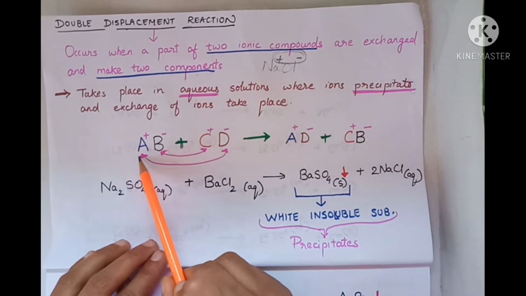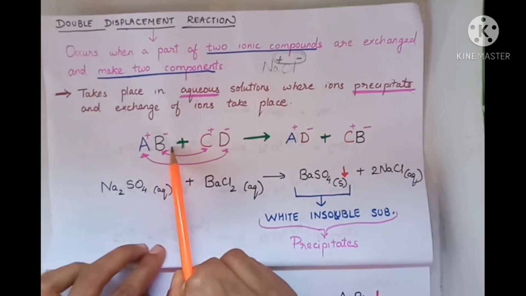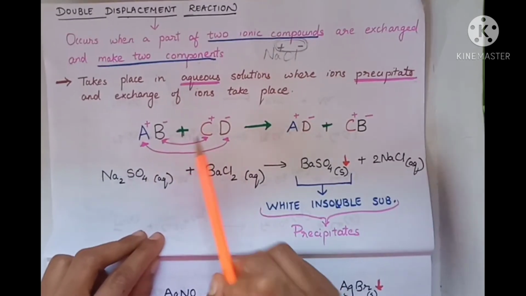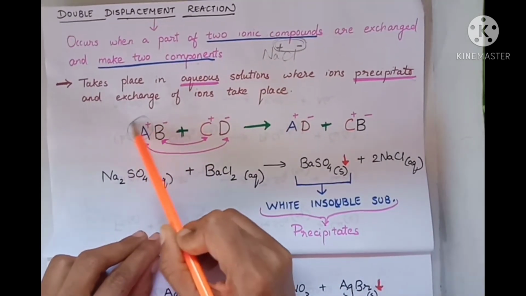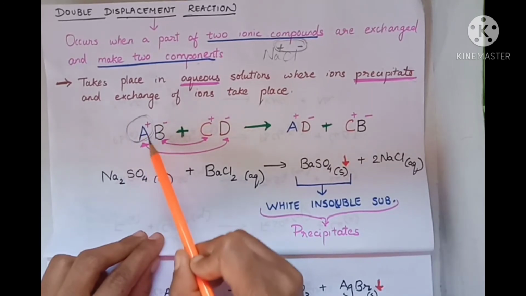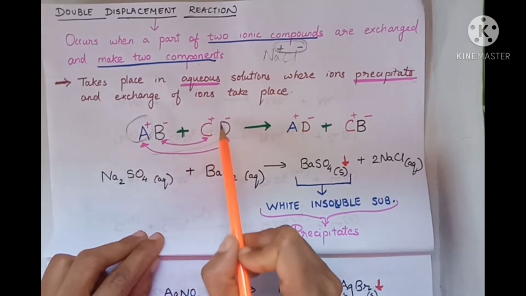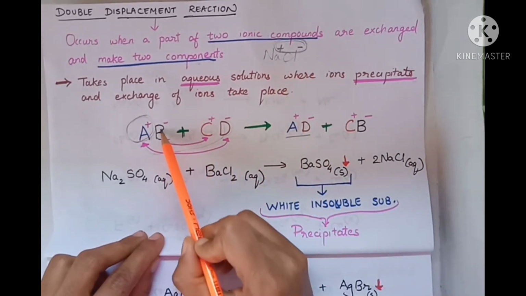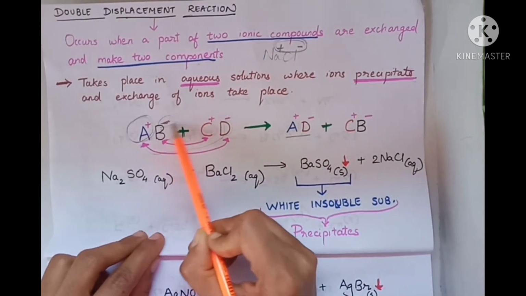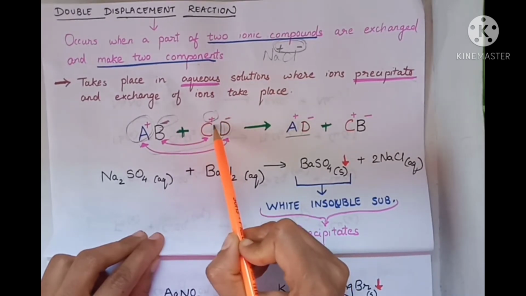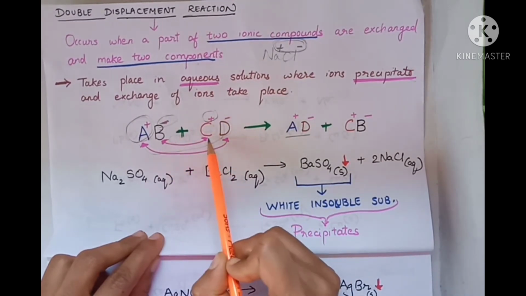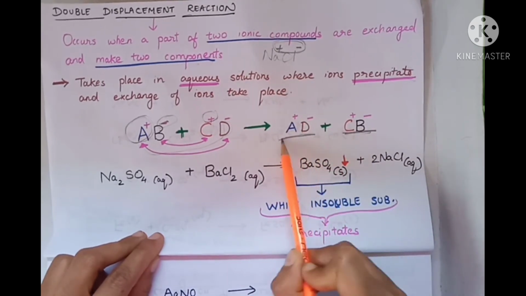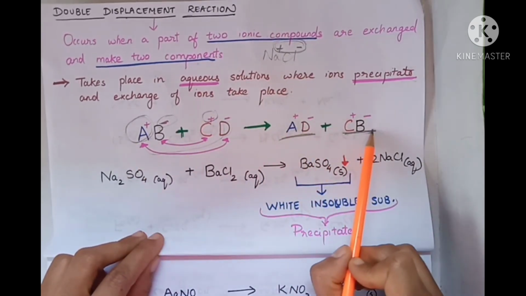Okay, here we see the pattern AB, first ionic compound, and CD, second ionic compound. Now they are reacting. The first cation A plus reacts with D minus. So A and D are formed together, and B, the anion, reacts with the second cation and forms CB. Okay, two components are formed here.